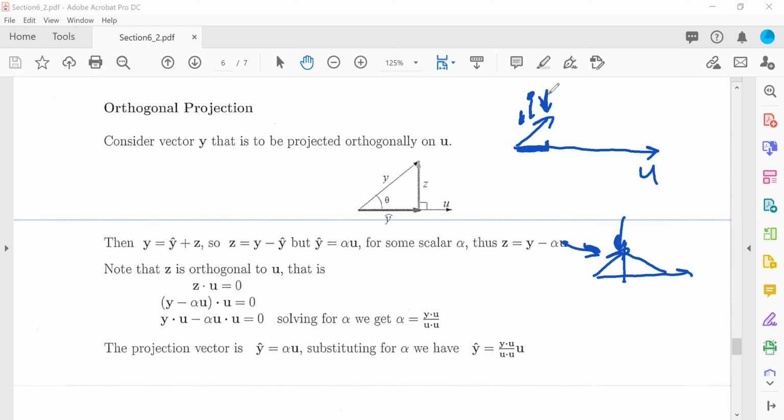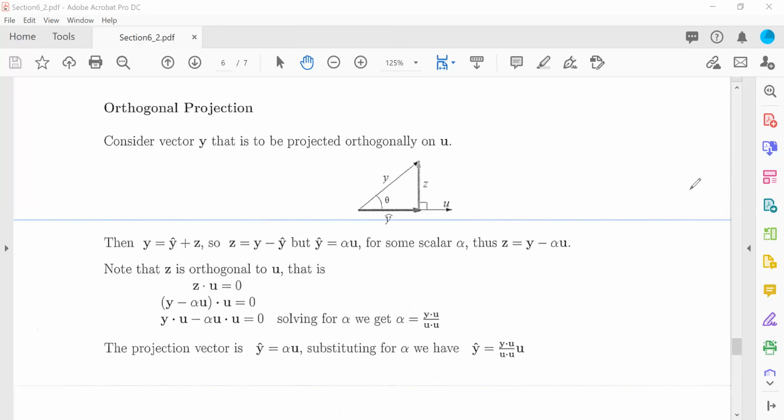All right, I need to redraw it. I have this vector y and I'm projecting it onto the vector u. This is my original vector y, this is my u. I'm projecting straight down, my light is shining straight down, and I'm getting an image right here. So this is my projection. I'm going to call it y hat. Note two things.